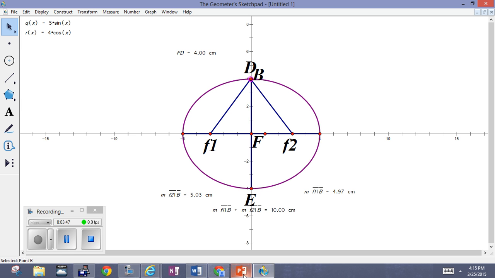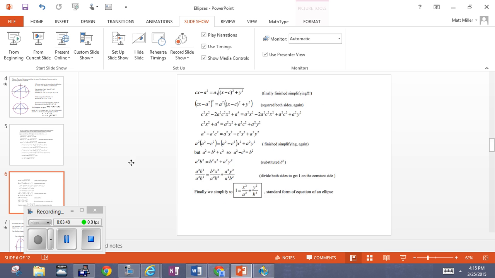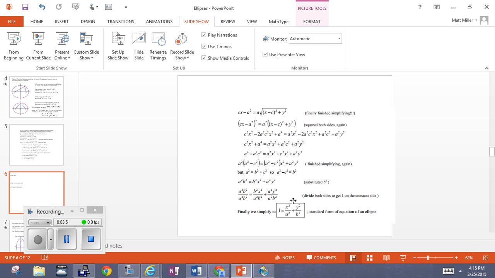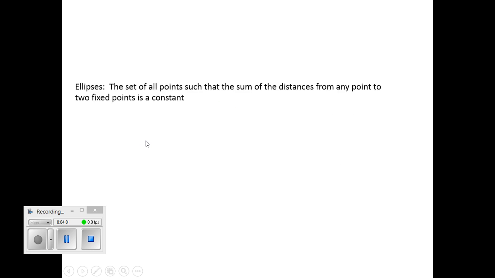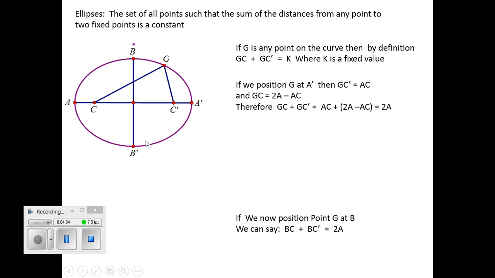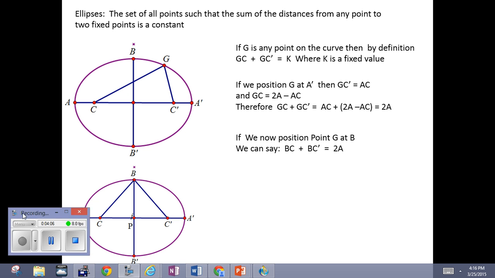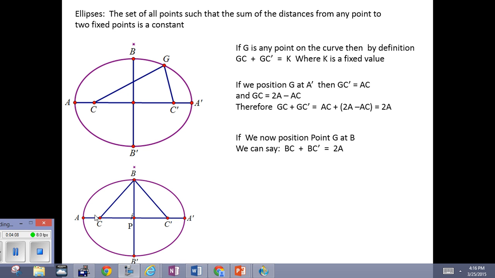So let me go back and show you that on my PowerPoint to illustrate it again. Here's my right triangle, and this is what we're meaning to show. So we obviously have a right triangle here.